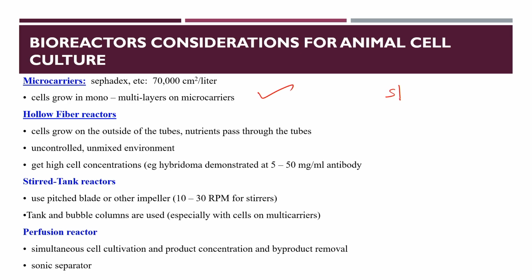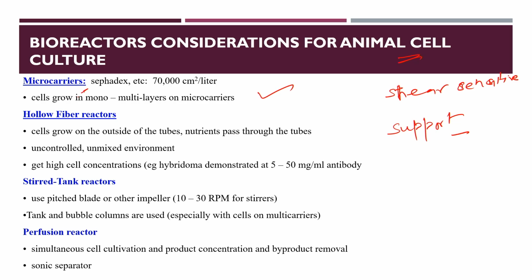They are shear sensitive, and the second feature is that they mostly grow on a support, or you can say they are anchorage dependent, rather than growing in a suspension culture.